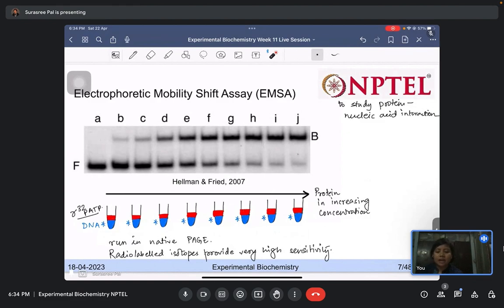So these samples are now run in the non-denaturing or native PAGE, and what we observe here is this kind of image from the gel. Here, lane A denotes the free DNA.